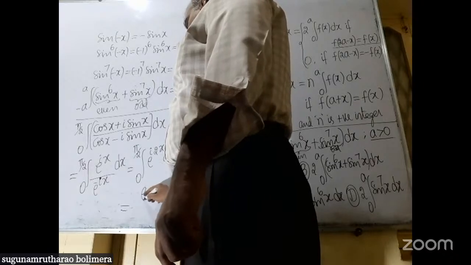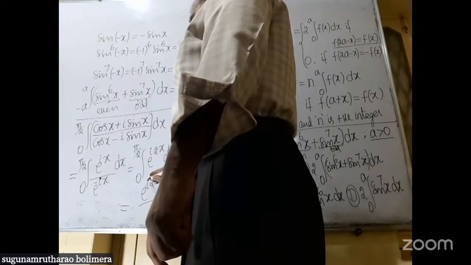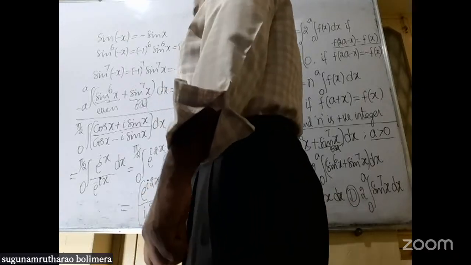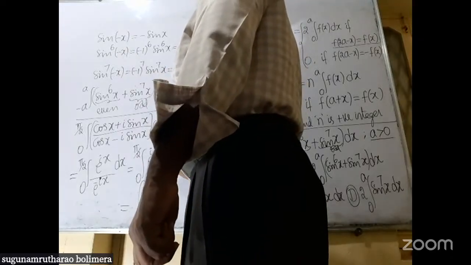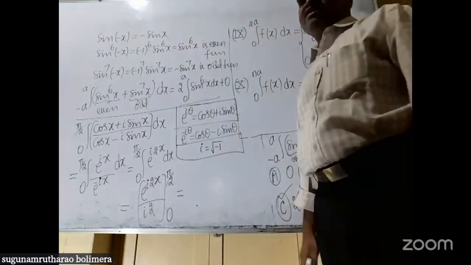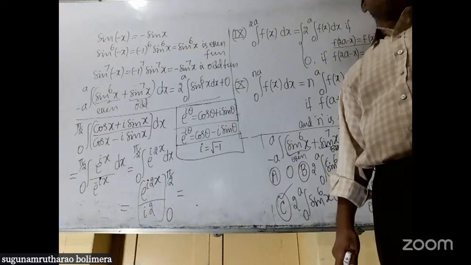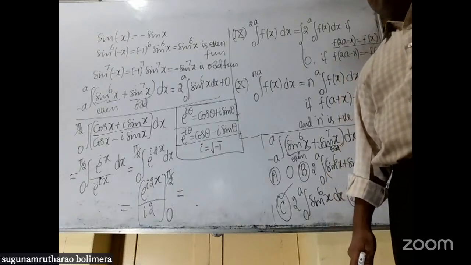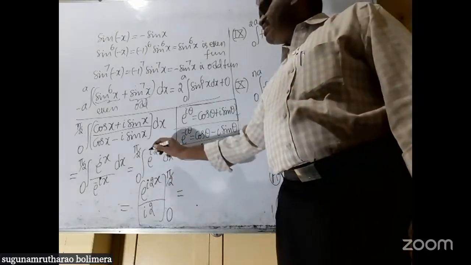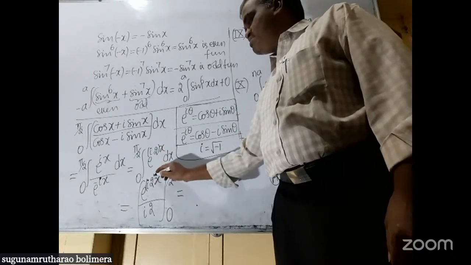Integration of it is e power 2ix by 2i, limits from 0 to pi by 2. Basic integration formula: integral e power ax is e power ax by a.